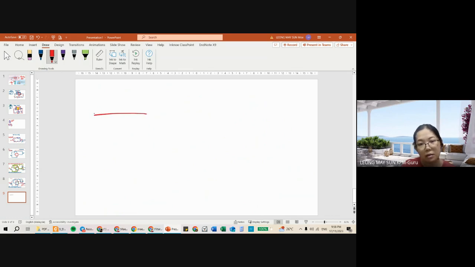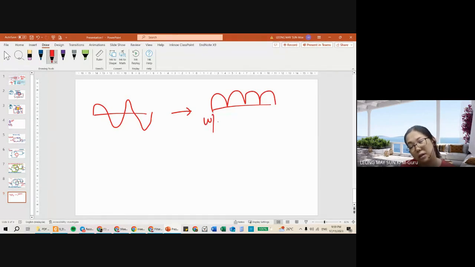okay. This is input. Input is alternating. Full wave rectification is like this. All right. This is without capacitor.